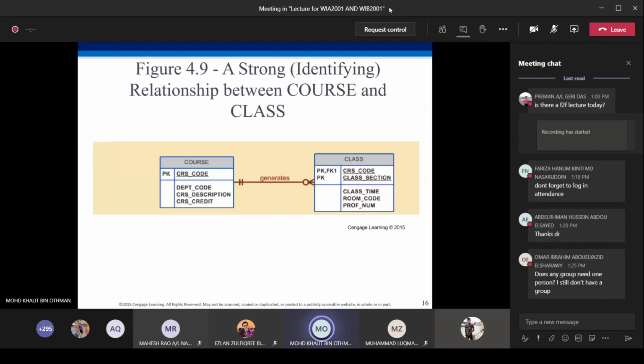So based on this example, the relationship between course and class entity is a strong relationship. Okay, strong relationship.